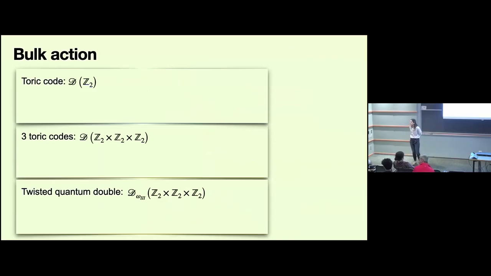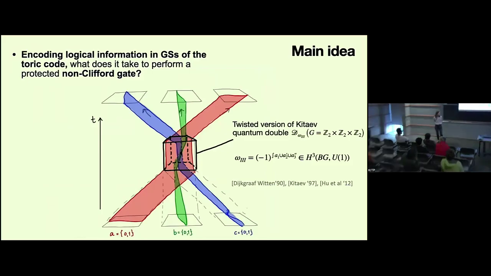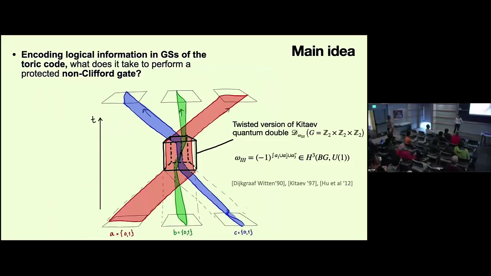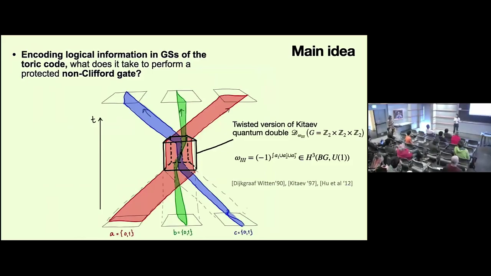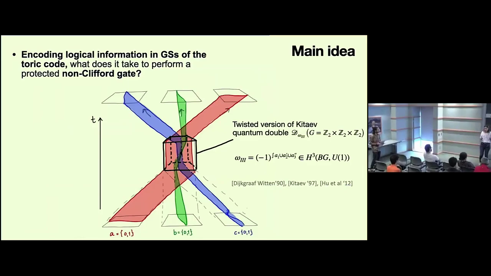What's the problem with just working with the twisted quantum double all the time? Yes, there are several problems. One of them is practical. We really prefer to remain in the toric code phase as much as possible, because it's much harder to have a good threshold for non-abelian phases.